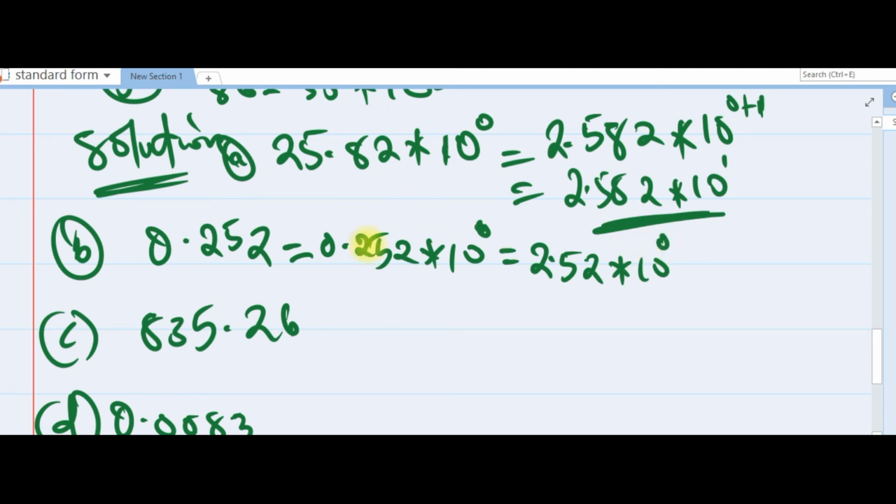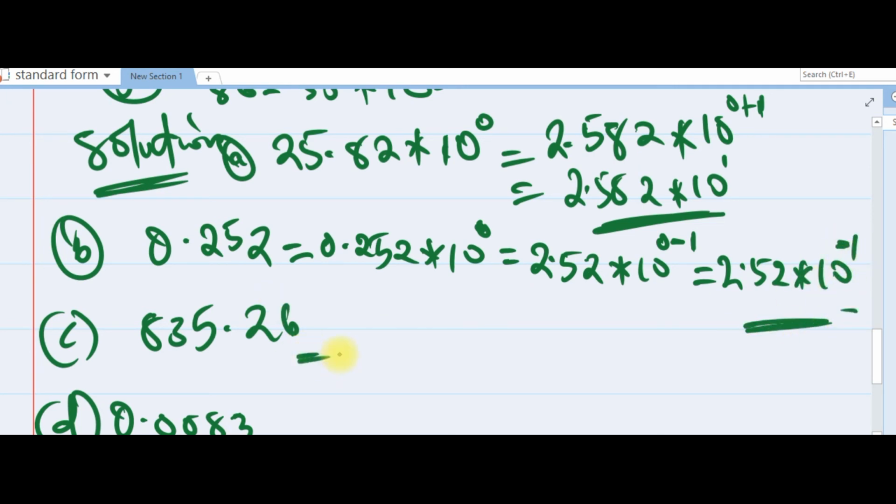Remember, if you move to the left, you add, but if you move to the right, you subtract. So the answer is 2.52 times 10 raised to 0 minus 1.